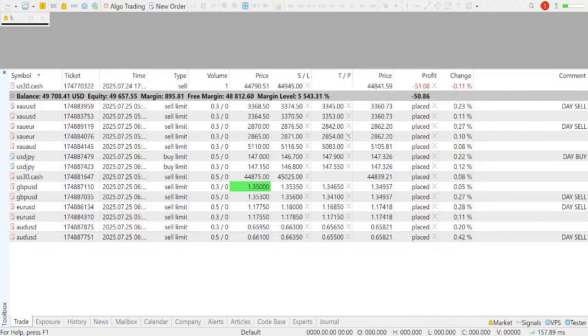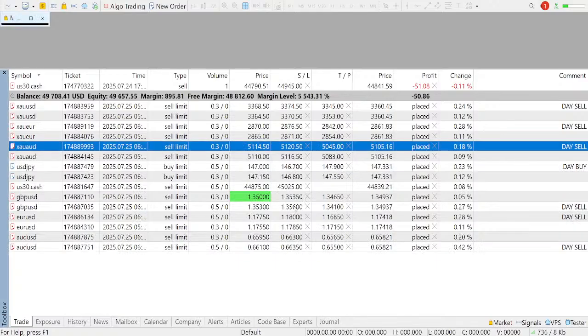Then the TP we want to put as 5045. You see, the thing is, you can register in your mind, or sometimes you write it down, and we go for that trade. But the main thing is, we got to follow the system. We got to place the orders accordingly.